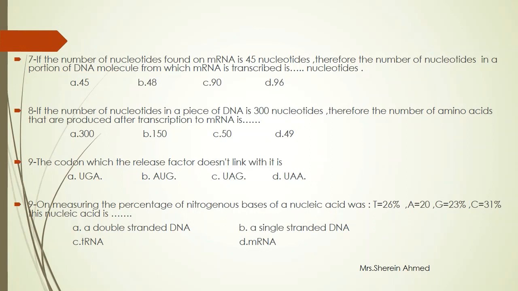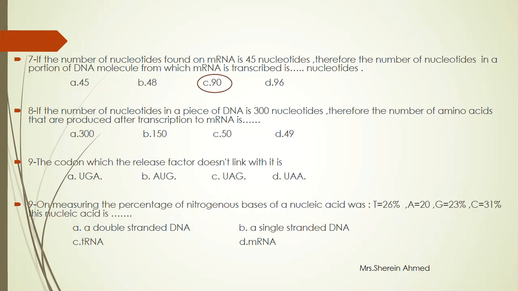Number 7. If the number of nucleotides found on messenger RNA is 45 nucleotides, therefore the number of nucleotides in a piece of DNA molecule from which the messenger RNA is transcribed is 90.